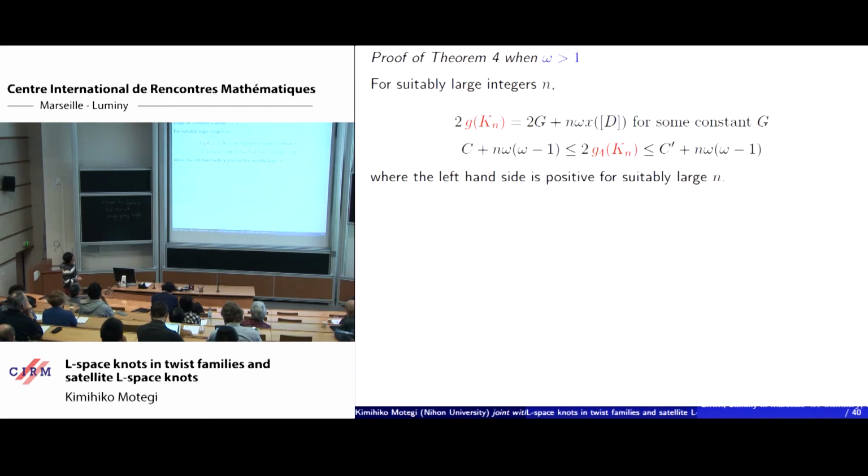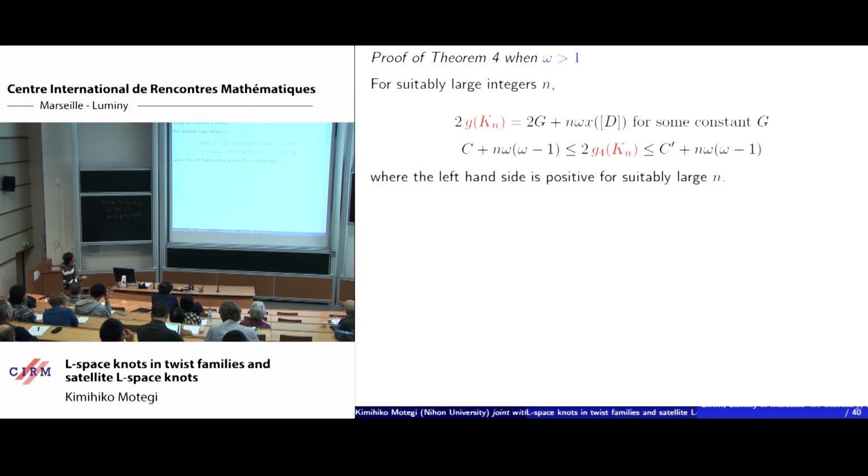Okay. So we now give a brief proof of this theorem. We assume that the winding number is greater than 1. Then for suitably large integer n, we have that twice the genus of Kn equals 2g plus n omega times the Thurston norm of D, for some constant g.